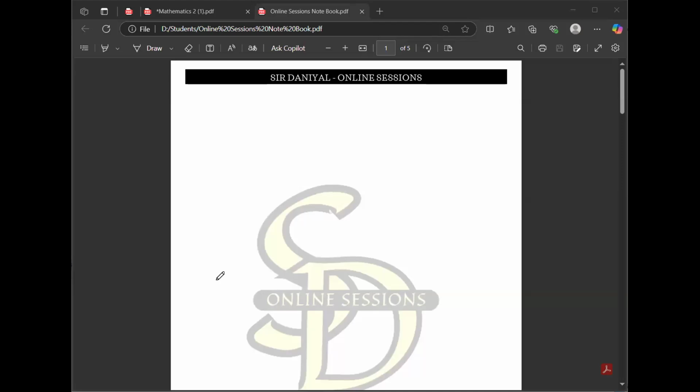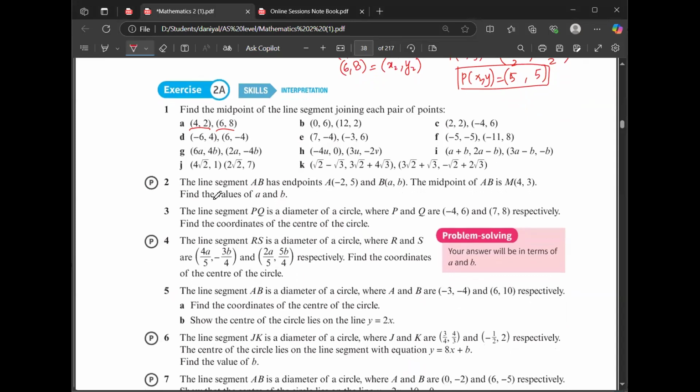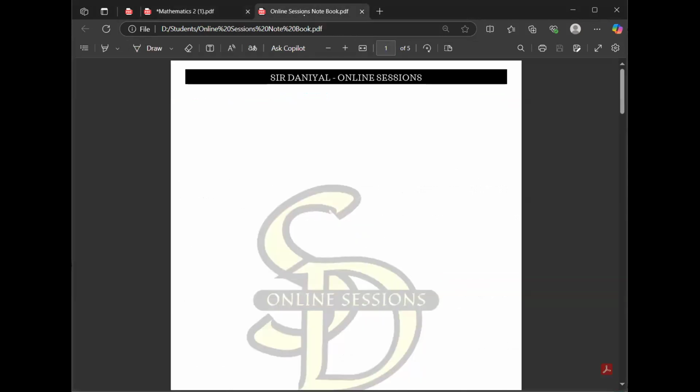The next one, question number 2. They are saying the line segment AB has endpoints -2 comma 5 and (a, b). So there is a line. Let's draw any random, arbitrary line.